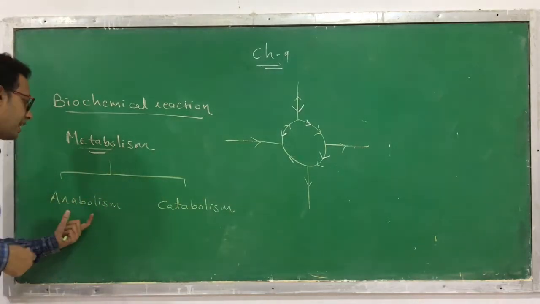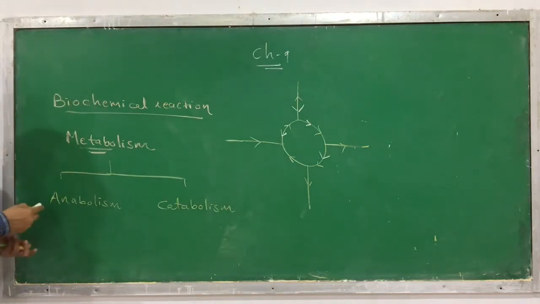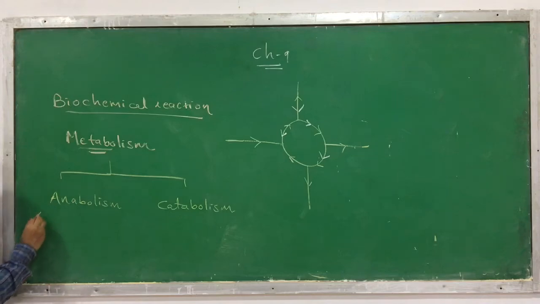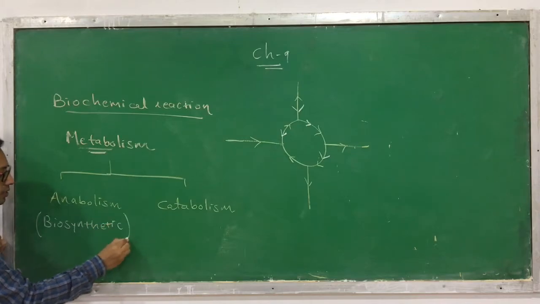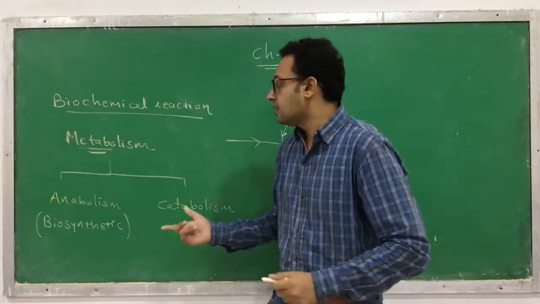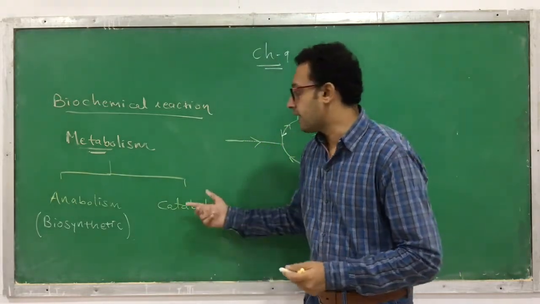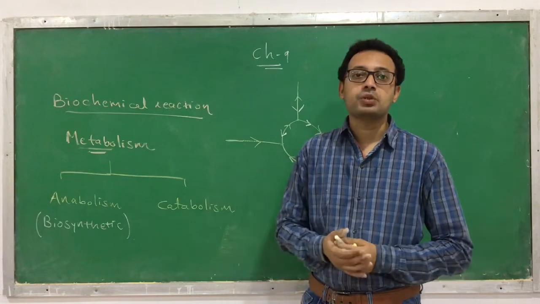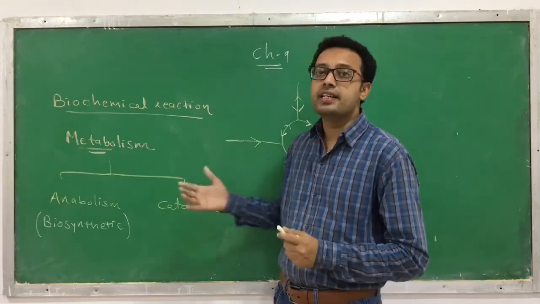One is anabolism and the second one is catabolism. Anabolism can also be called biosynthetic processes or biosynthetic reactions. In simple language, anabolism is a making process, and catabolism is a breaking process, breakdown process, or degrading process.